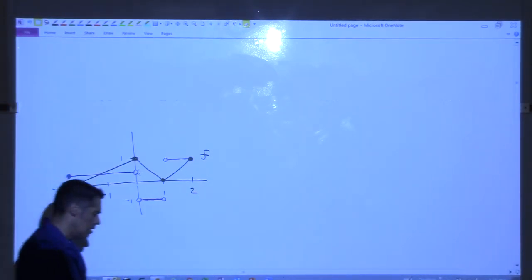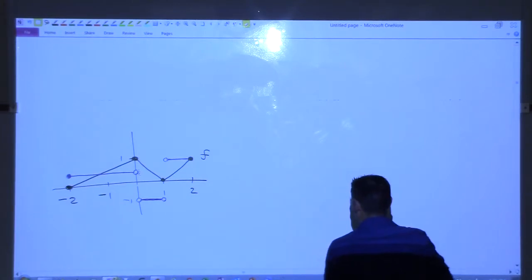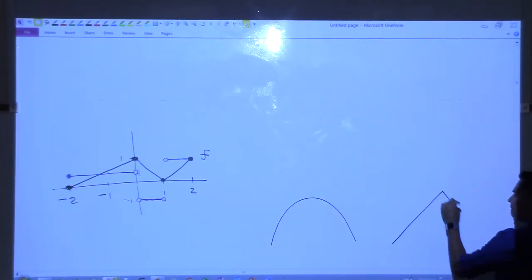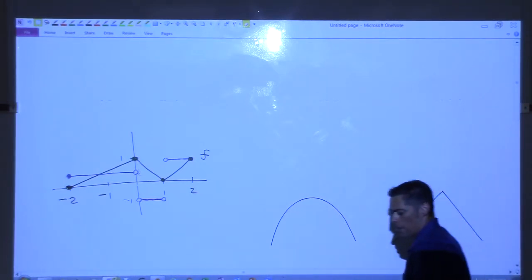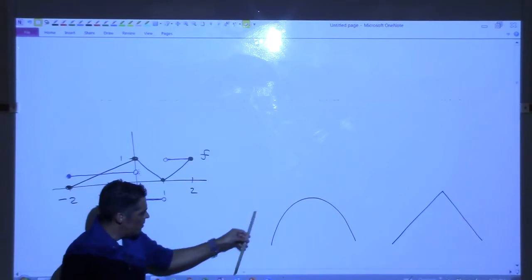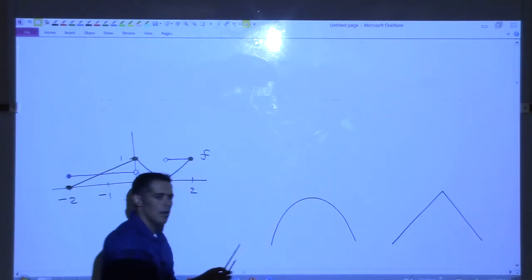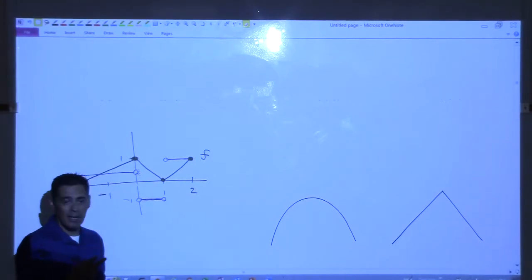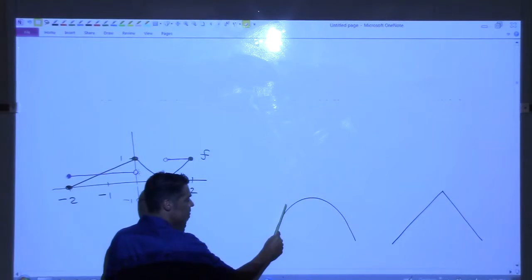Now, to really stress to you why we have problems at corners, just take a look at these two again. You just tell me, when I put this up here, I'm going to be moving along the curve. All I want you to be thinking is, is the derivative positive or negative, and is it big or small? All right? So here, what? Positive, big.